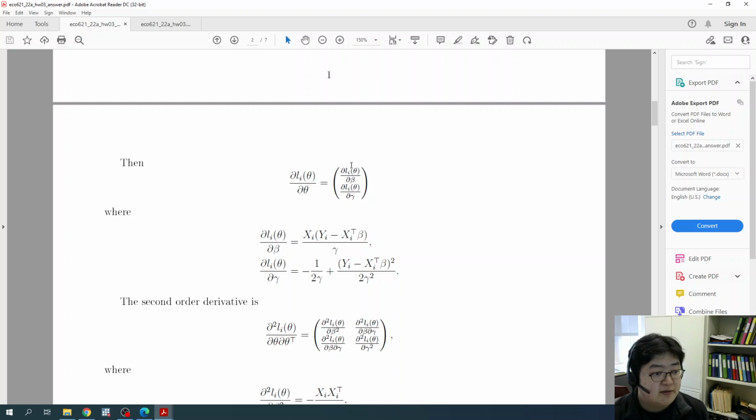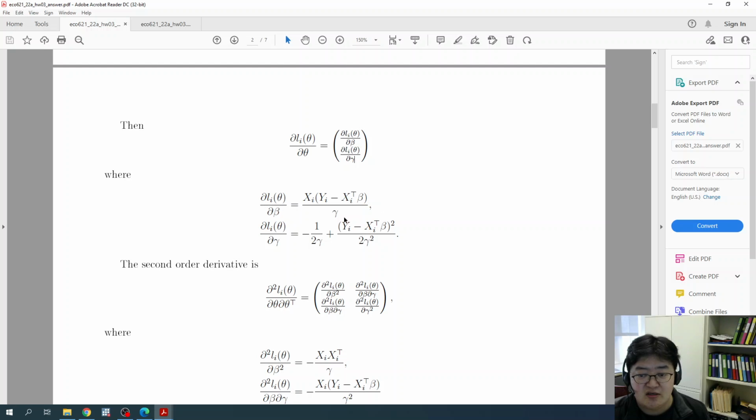This is a k by 1 vector, and this is a one-dimensional scalar, so totally a k plus 1 vector. If you differentiate with respect to beta, you get this. With respect to gamma, you get this. Nothing to explain, it's straightforward calculus.